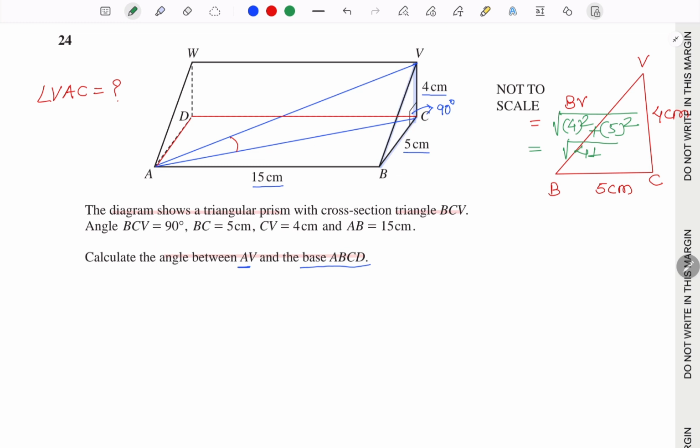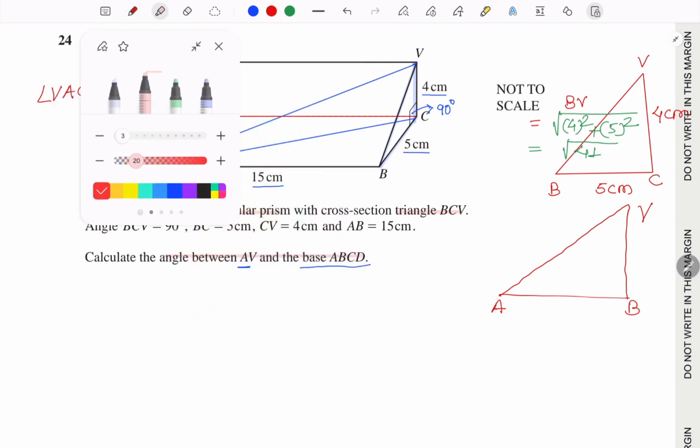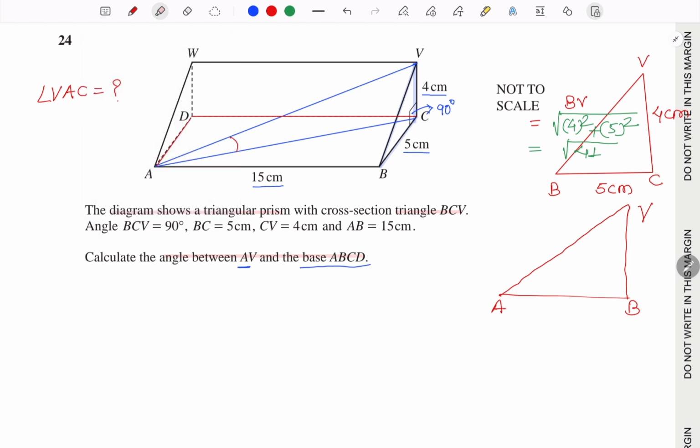Okay, now let's go to the triangle ABV. A, B, and V. Let me show you where this triangle is in the figure. See, this is A, B, and V. I'm talking about this triangle.